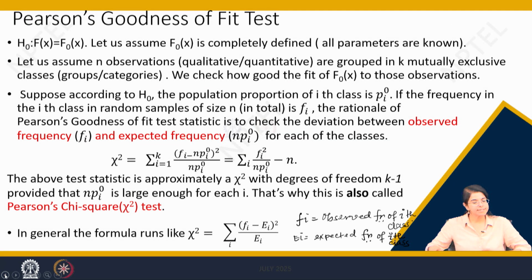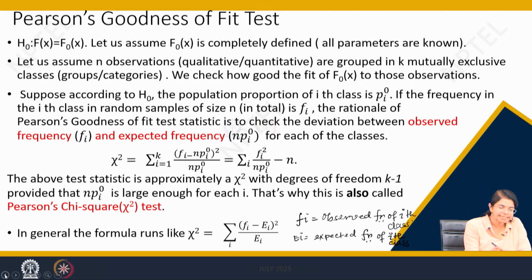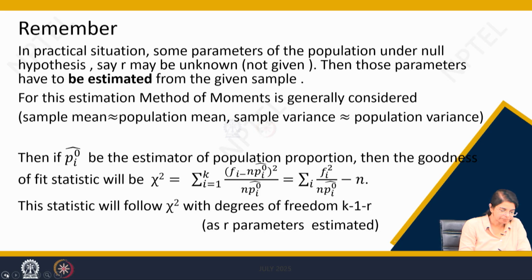Coming down to Pearson's goodness of fit test, first we have to make up our mind what our hypothesized distribution function is. H0, the null hypothesis, is that the distribution function is equal to some known distribution function, and that is F0.